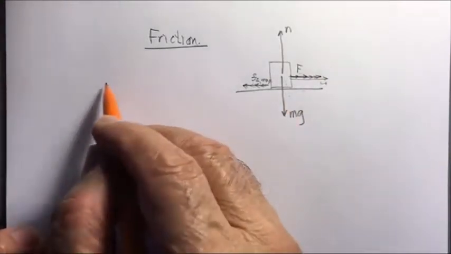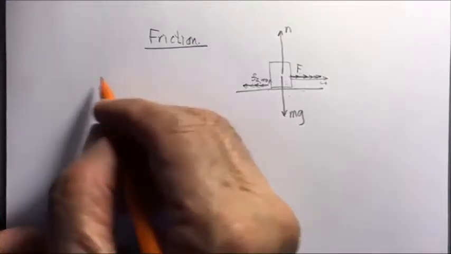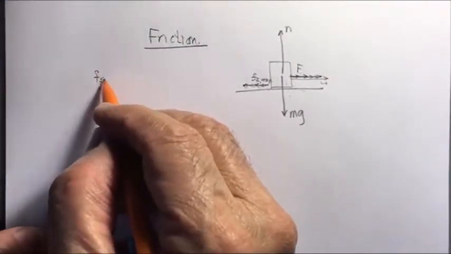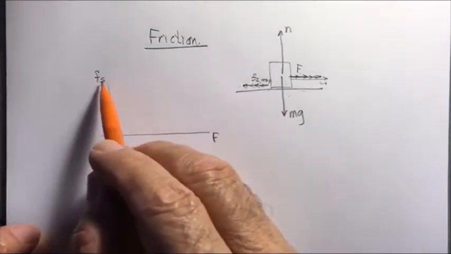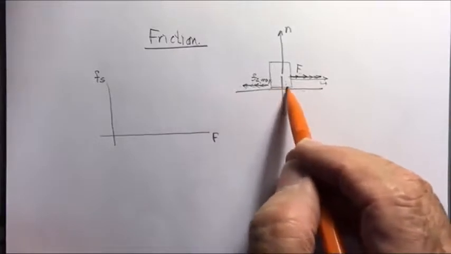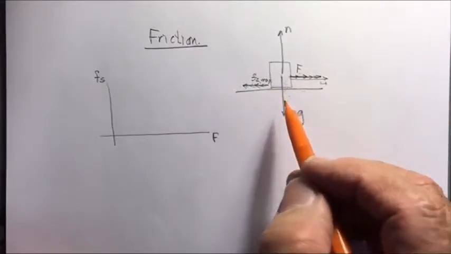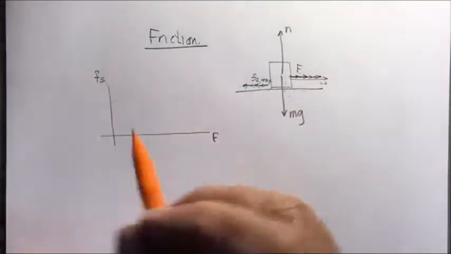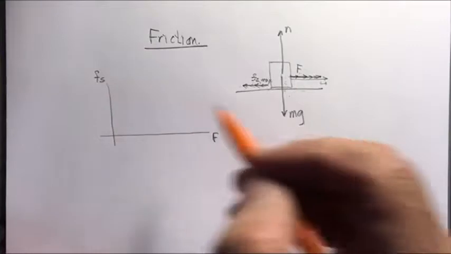If you look at this on a force versus friction diagram, there are two kinds of friction. One is Fs, the static friction, which applies when the two surfaces are not in relative motion. As the force keeps increasing, the friction force keeps increasing.